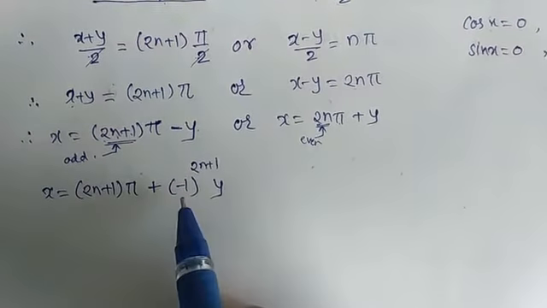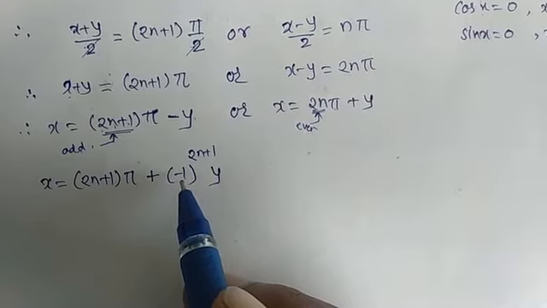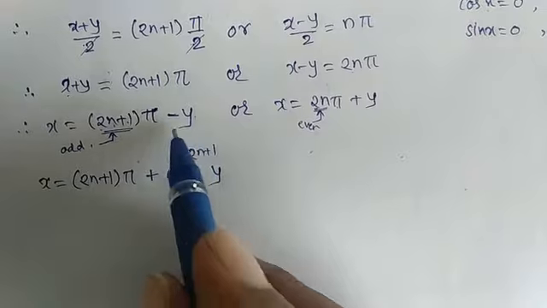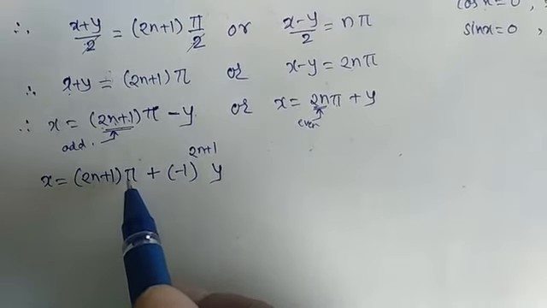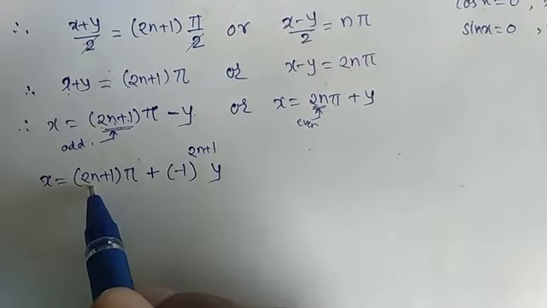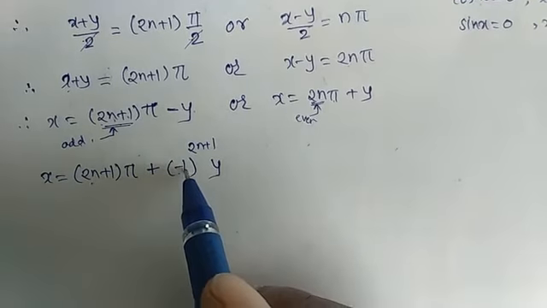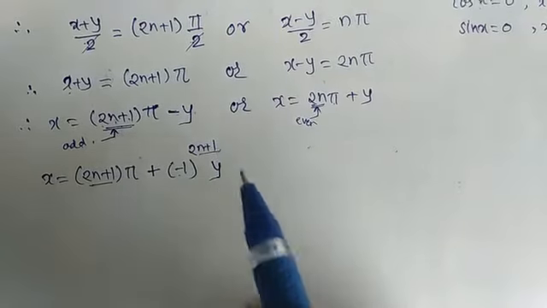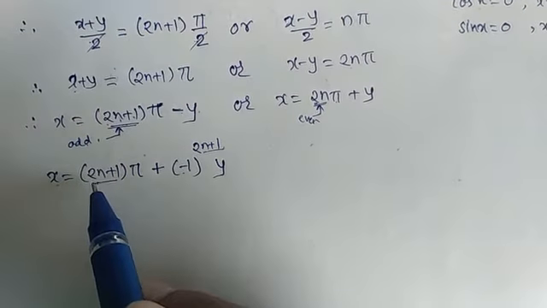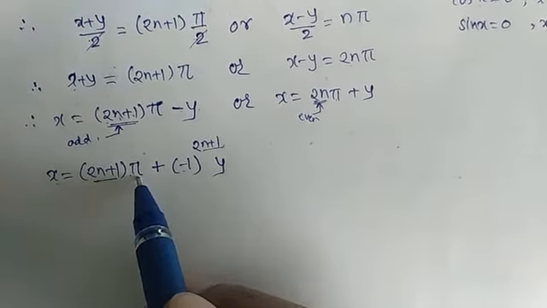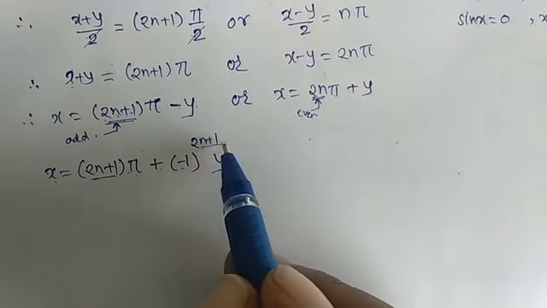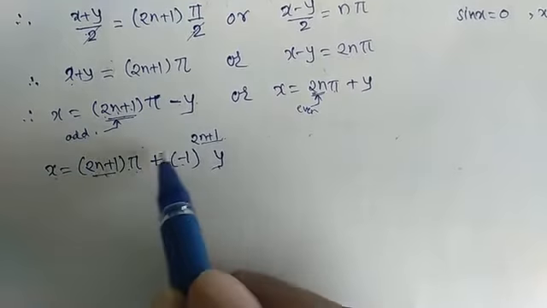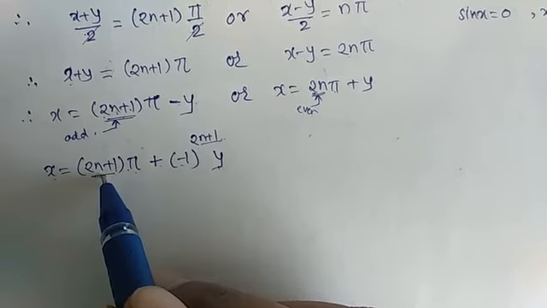Okay, as you know that if a negative power is an odd number, it will always be negative. So here we write in the form, here the coefficient of pi is 2n plus 1, so write minus 1 raised to 2n plus 1. Here these two terms will be the same. So x can be written as (2n plus 1) pi plus minus 1 raised to (2n plus 1) y. Sorry, y. So this term indicates it is an odd number also.